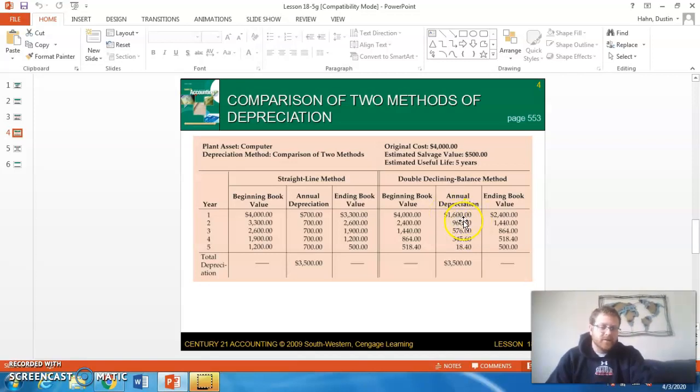Now take it times 2, since that's your annual depreciation. That's where that 1,600 comes into play again. And you just keep working it down. Notice that with both methods, you come up with the same exact total depreciation, 3,500, 3,500. You start with 4,000, you end with 500, but the two methods are completely different in determining your depreciation.